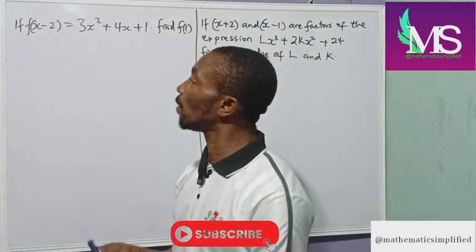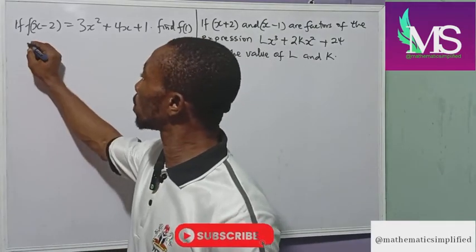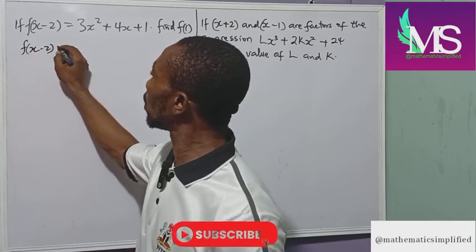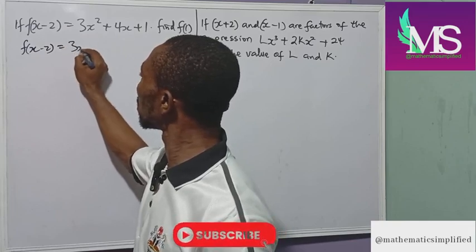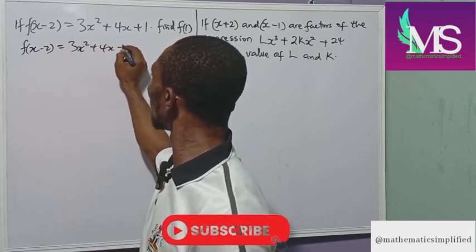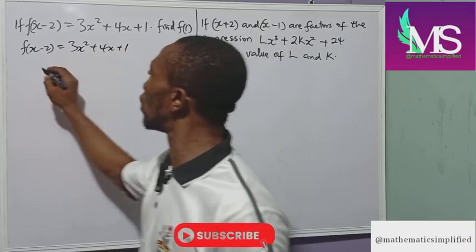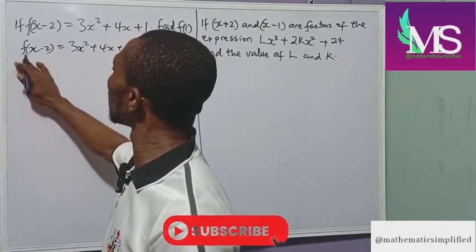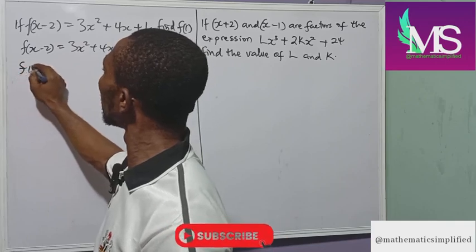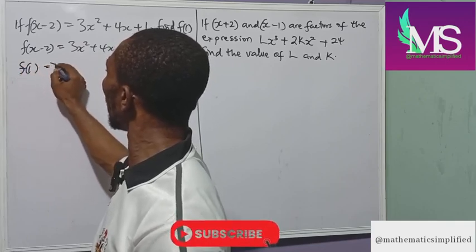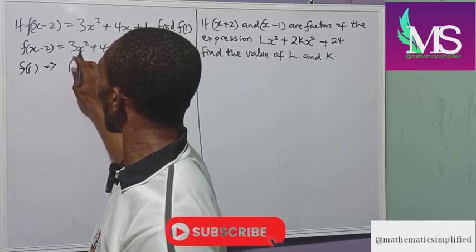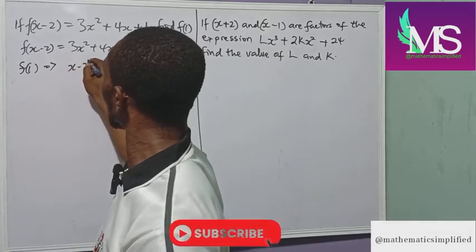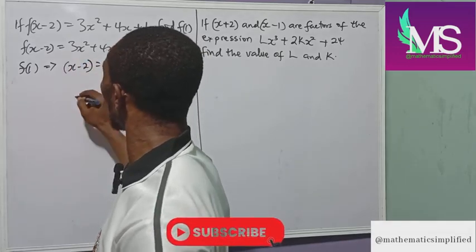Now, if we want to find f of 1, since f of x minus 2 equals this, and we're looking for f of 1, that means we are going to have x minus 2 equals 1.